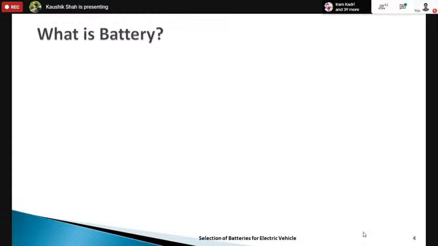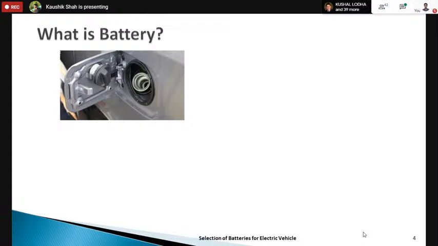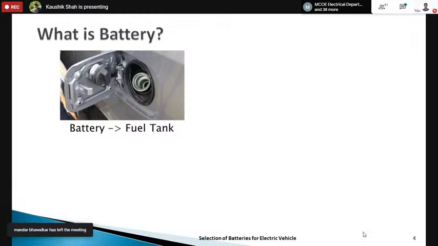But let me tell you what a battery is. Do you see this? Battery is a fuel tank, equivalent to a fuel tank. Why am I telling you this? In most sessions, in international conferences, I also shared this: look at it from the user perspective.